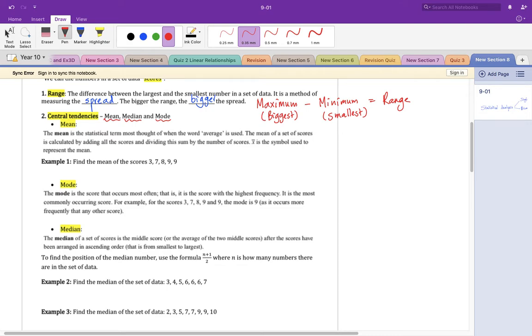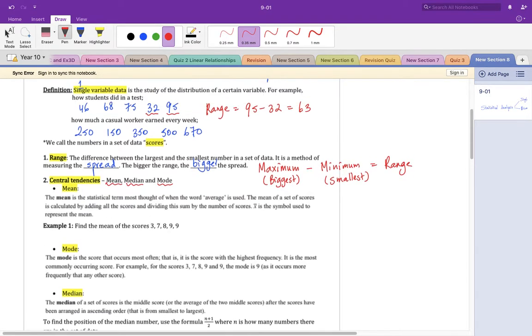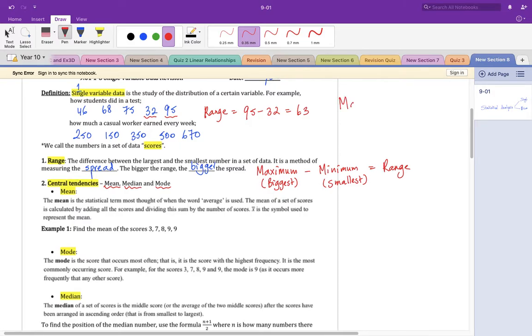And also, see how here with the scores I have a small number and then bigger, but then smaller. This is not in order yet, right? But whenever you do questions, you make sure that you put everything into ascending order first. Ascending means from small to big.